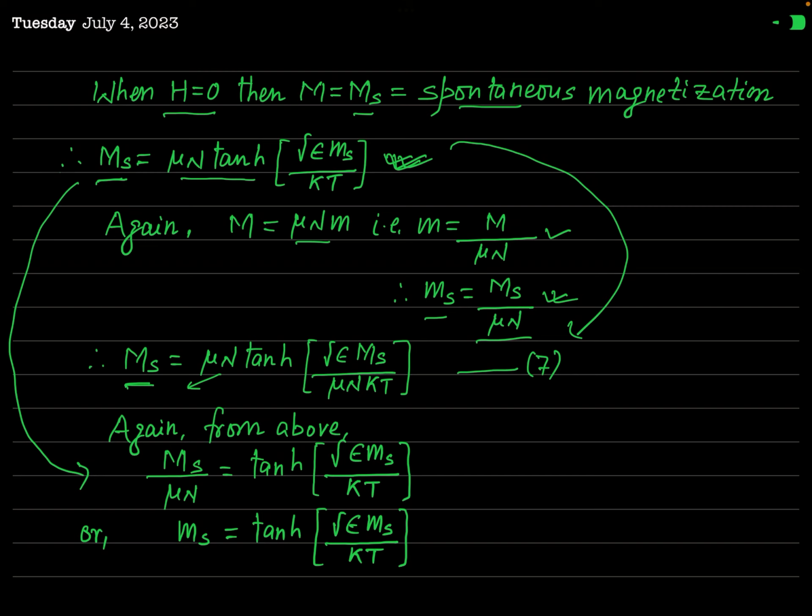And Ms divided by mu n is equal to small ms. So you can say that this small ms is equal to tan hyperbolic (gamma epsilon ms divided by kT).